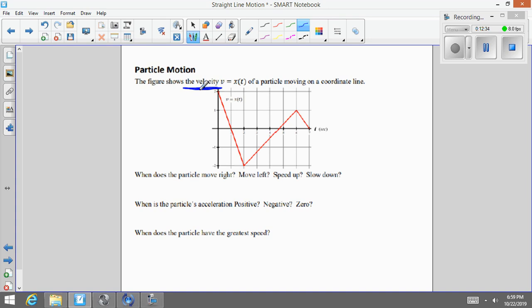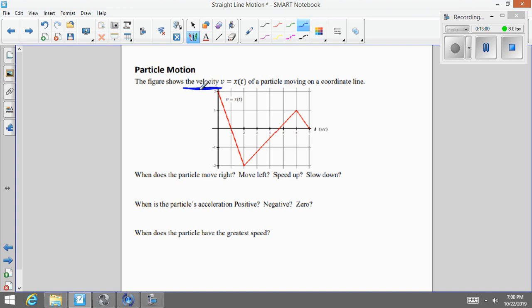Well, keep in mind that velocity is positive or negative, and the sign tells you the direction, okay? So we would know that the particle is moving to the right when the velocity is positive. Since we're looking at the velocity graph, we're just looking at where the graph is above the x-axis, okay?